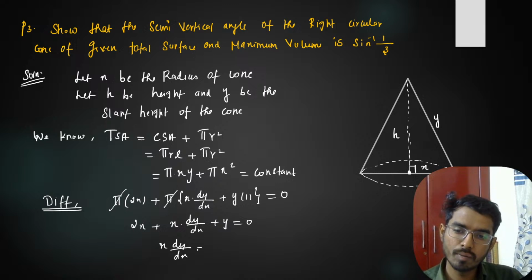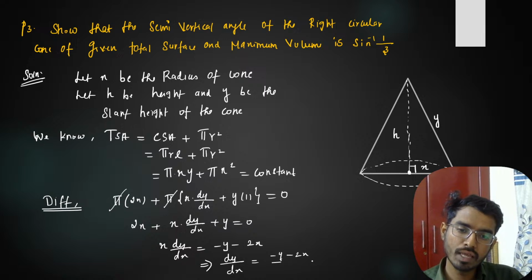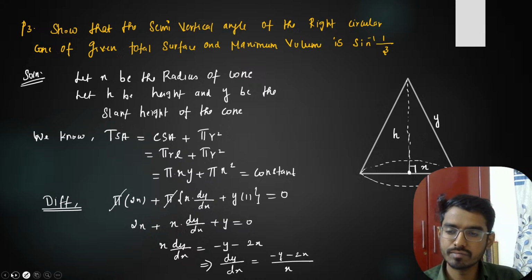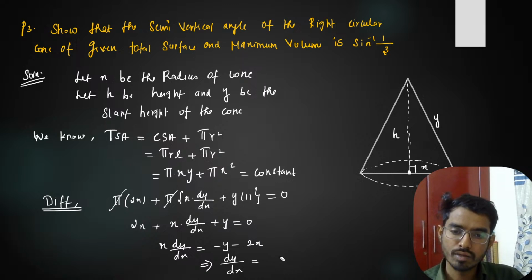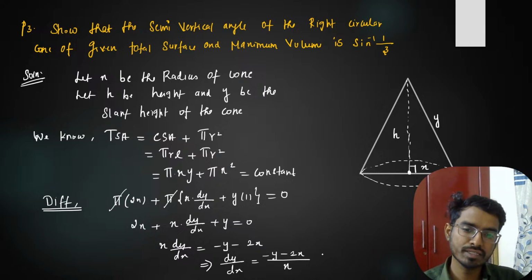So x dy by dx is equal to minus y minus 2x. Implies dy by dx is equal to (minus y minus 2x) divided by x. Right? Call this equation number 1, because we need it at some point.